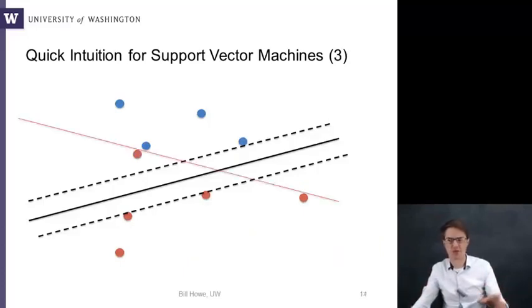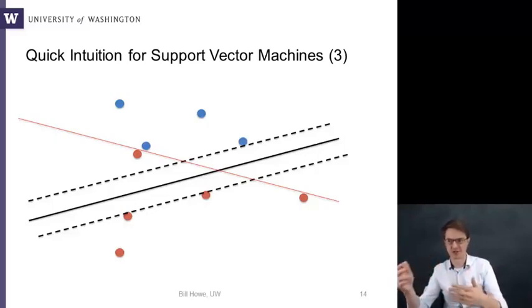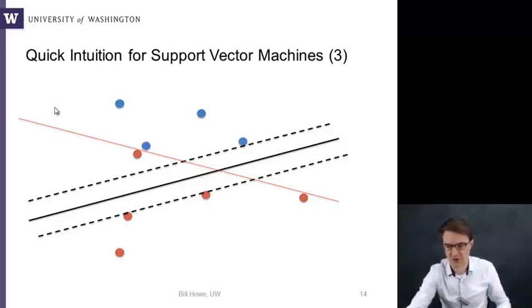That's great. Now, what about the case where it's not linearly separable? Well, what you can do is try to strike a balance between finding a line that gives you a nice fat margin versus one that perfectly classifies the points. And this allows you to maybe find an alternative to this line.